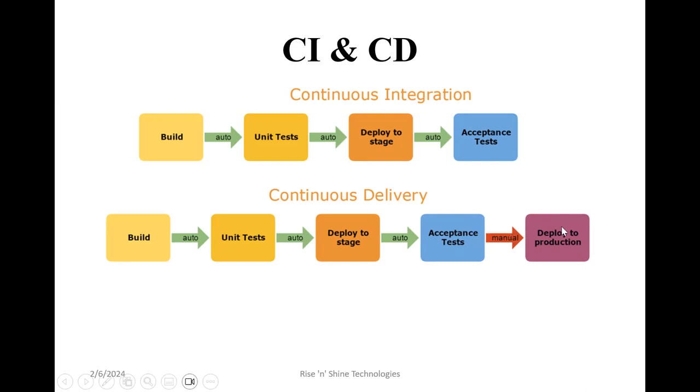Once they approve it, it will be promoted to production. Or if they don't accept it, it will be stopped right there, and it has to go back, be reviewed and reprocessed again. So if the process is designed with a manual promotion to production, that is what we call continuous delivery.